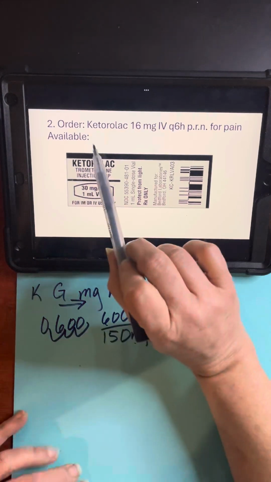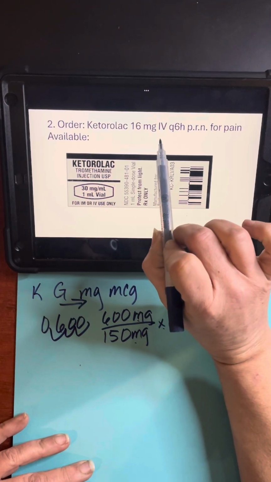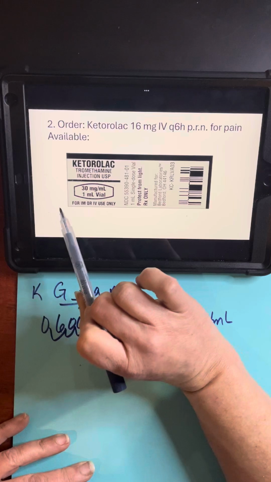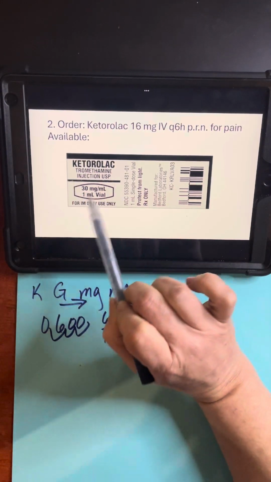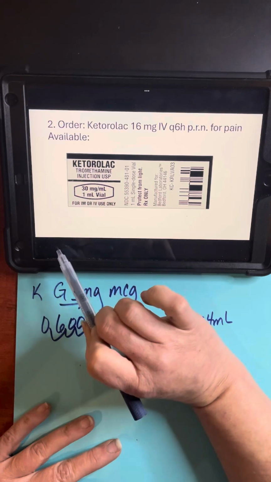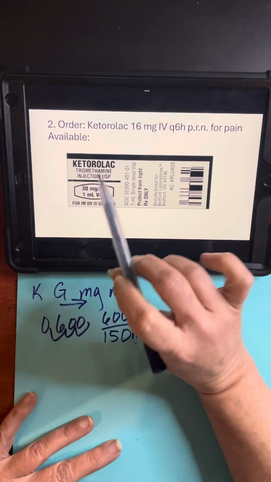Okay. So the next one says ketorolac, which is Toradol, 16 milligrams IV every 6 hours, PRN for pain. Available, we have ketorolac, 30 milligrams per milliliter, and the whole thing is a 1 milliliter vial.